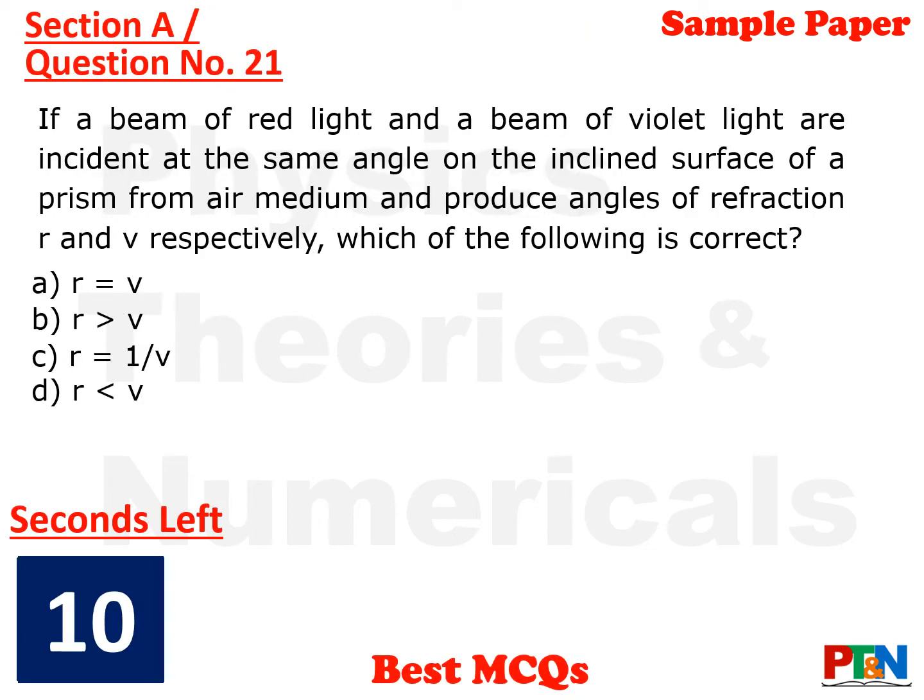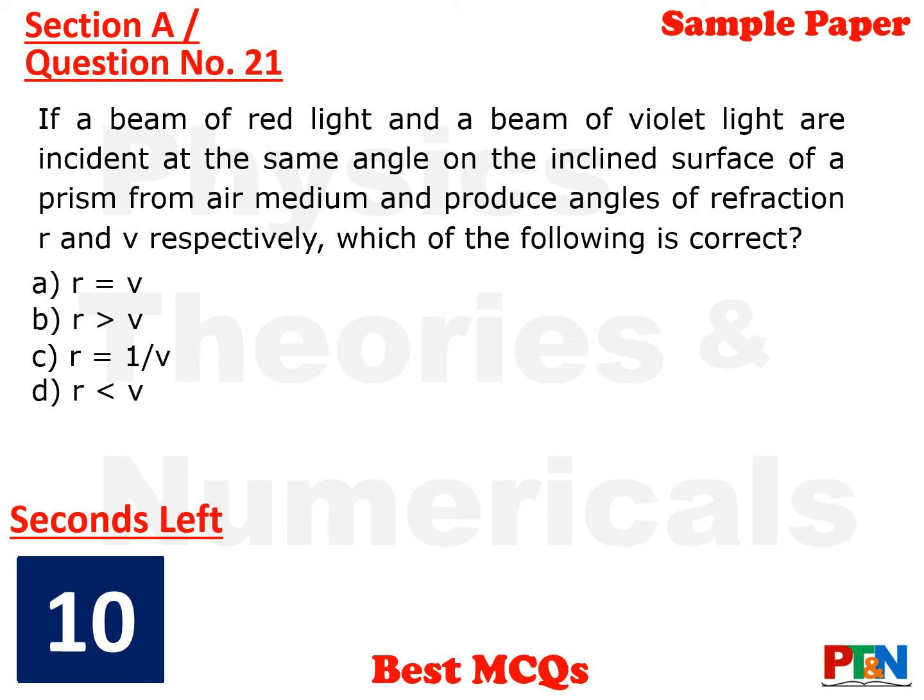Next one, question number 21. If a beam of red light and a beam of violet light are incident at the same angle on the inclined surface of a prism from the air medium and produce angles of refraction R and V respectively, which one of the following is correct?